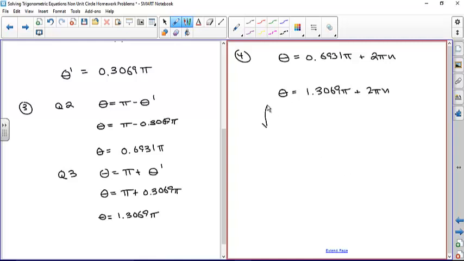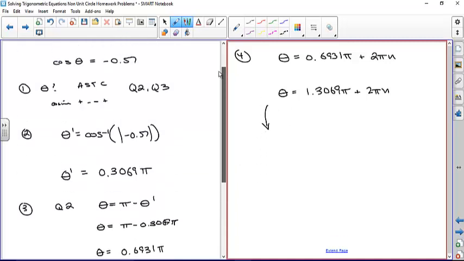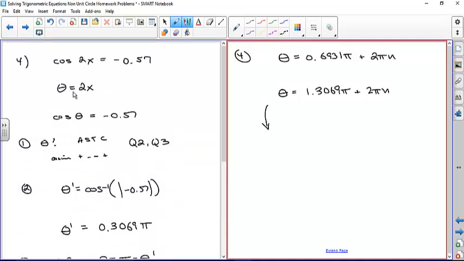So now I do this substitution for here. So theta is 2x, or x equals theta over 2. So what I'm going to do is divide all this by 2. So I'll get x is 0.6931 pi over 2 plus 2 pi n over 2.